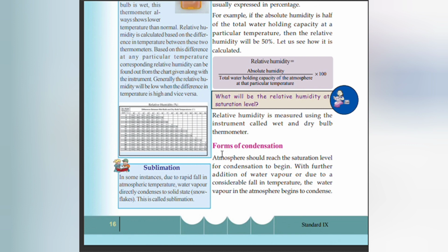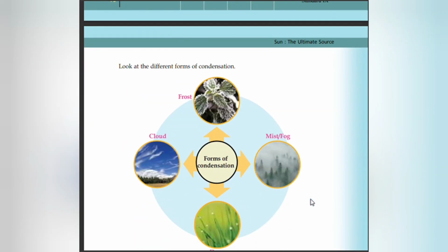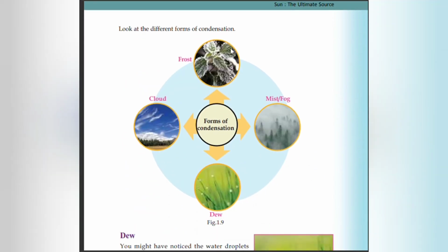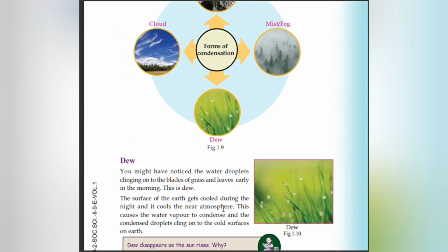Forms of condensation. The atmosphere should reach the saturation level for condensation to begin. With the further addition of water vapor or due to a considerable fall in temperature, the water vapor in the atmosphere begins to condense. Look at the different forms of condensation: frost, cloud, mist or fog, and dew.